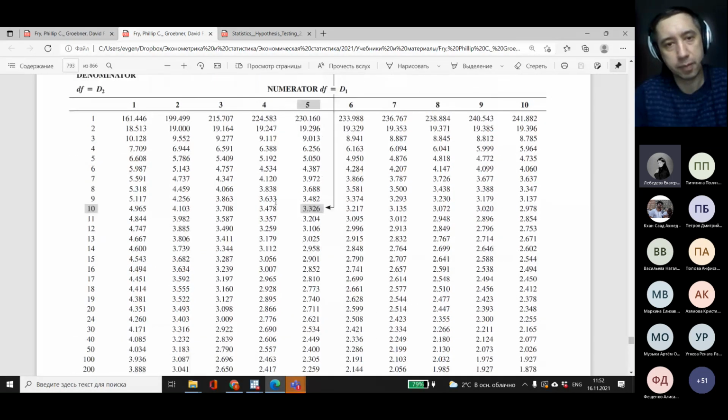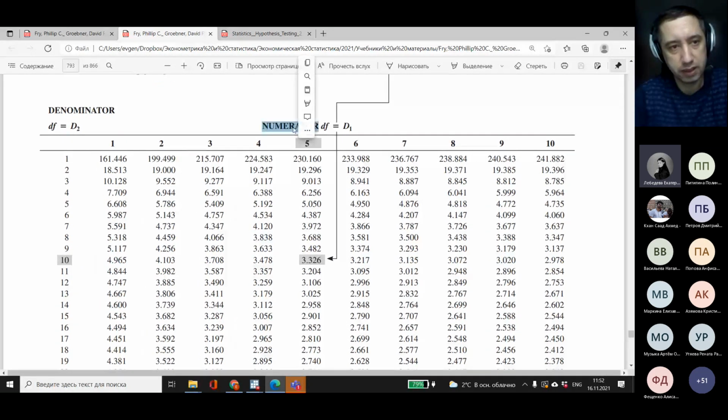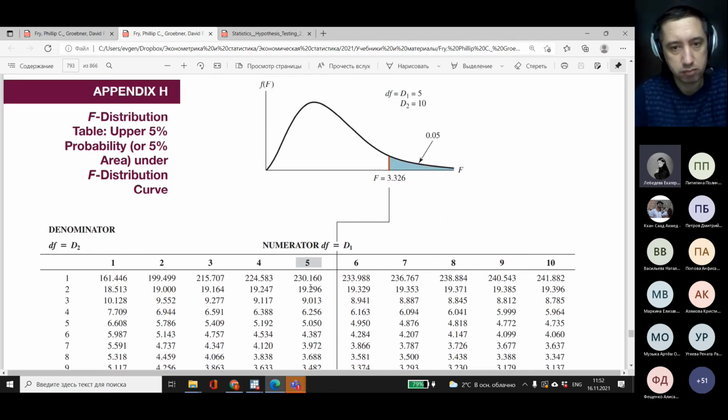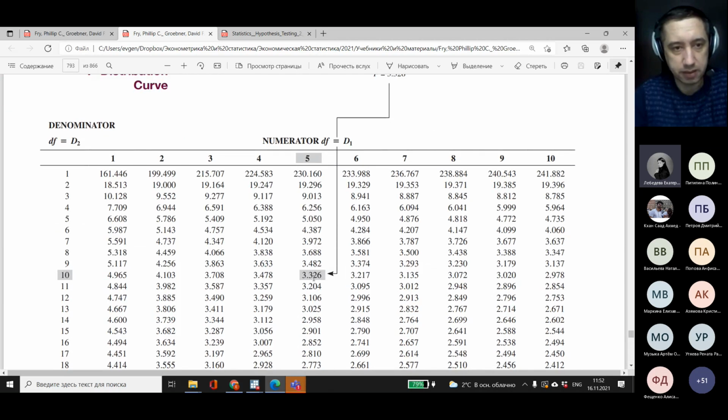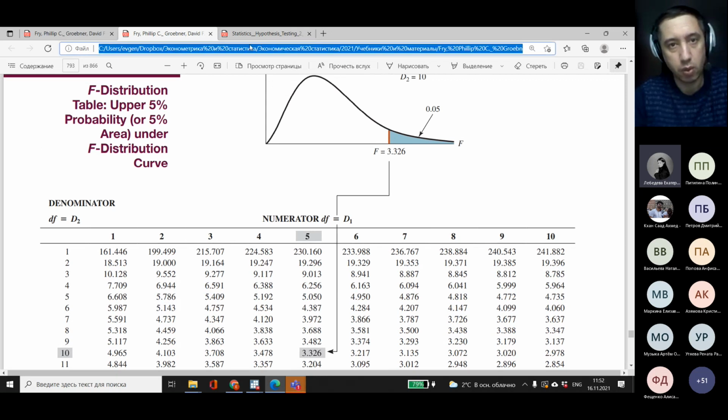What you have to do is find the degrees of freedom for the numerator and denominator. Once you find the right degrees of freedom, find the right column number and row number and use this value as a critical value. For example, if your first degrees of freedom is 5 and the second is 10, this is your critical F statistic.